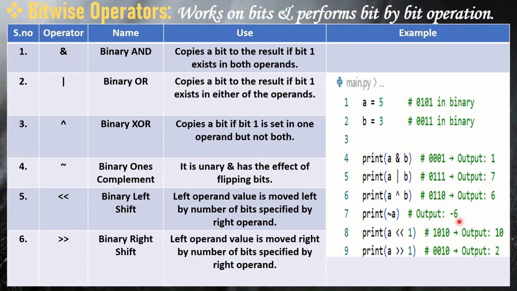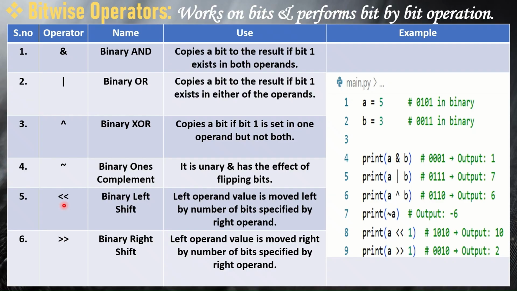The output is -6 because in Python, this binary ones complement operation is performed using two's complement representation. So this -6 is in the form of two's complement representation. That means minus of n plus 1, so minus of a plus 1. Minus of 5 plus 1 will be 6, and in two's complement, the representation of this will be -6.